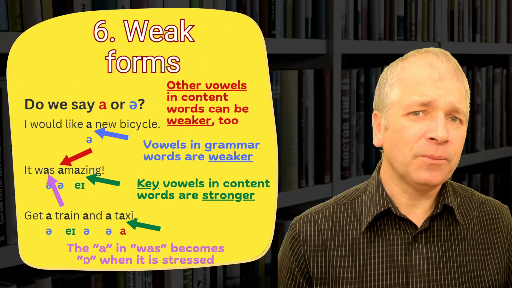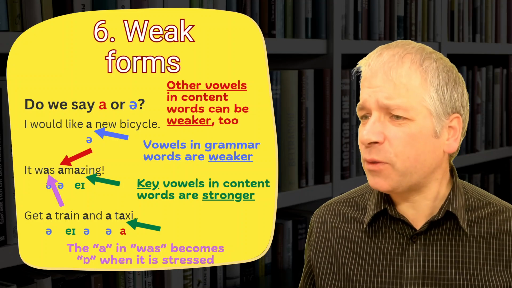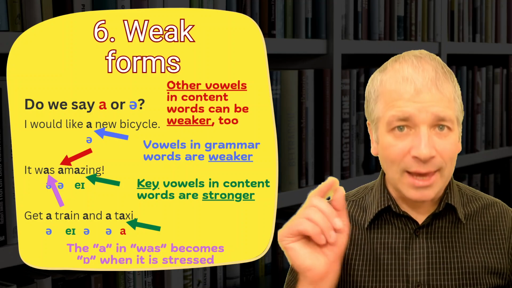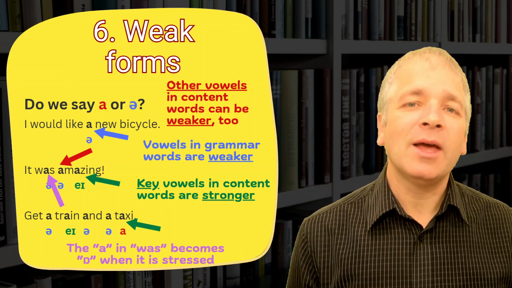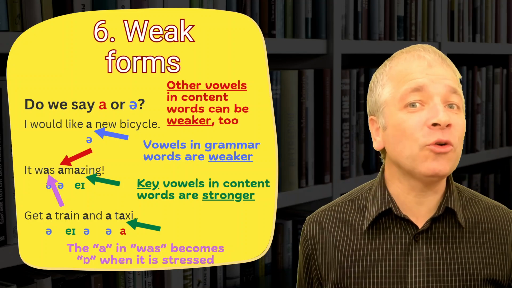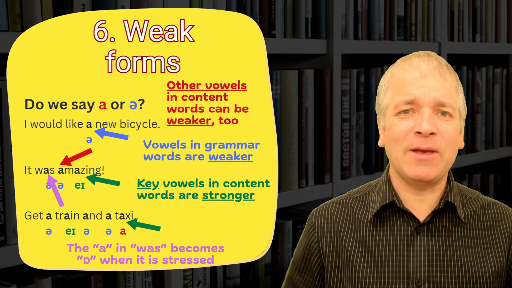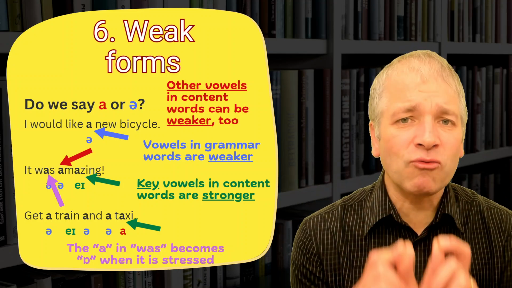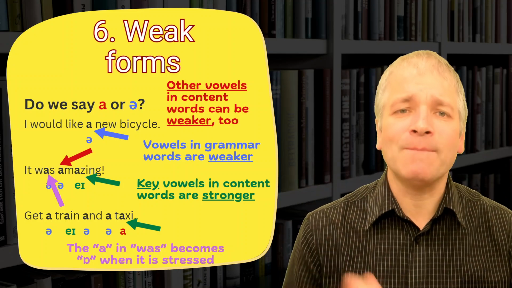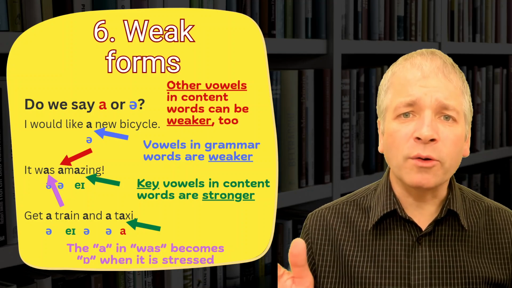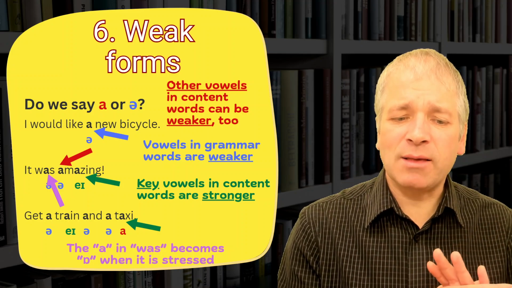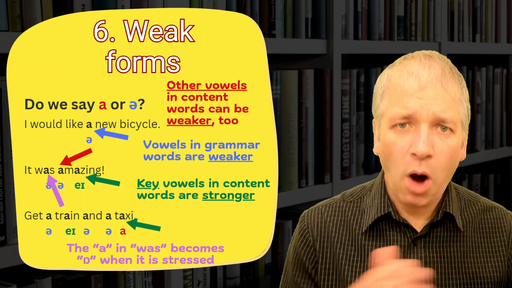For example, was this video necessary if you didn't understand weaker forms? It was. Here, was is the important word. It is giving you the answer that you need. So here we stress the letter A. And in the word was, the stressed sound of A is actually this O sound, was.